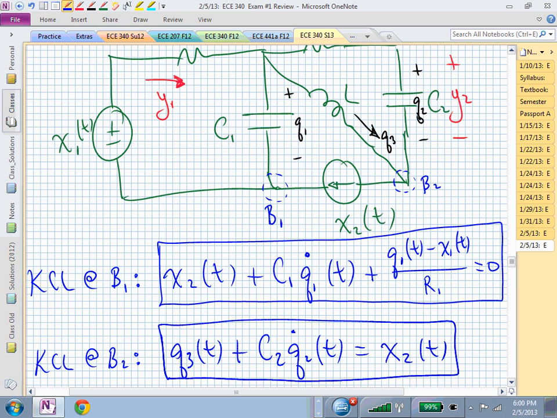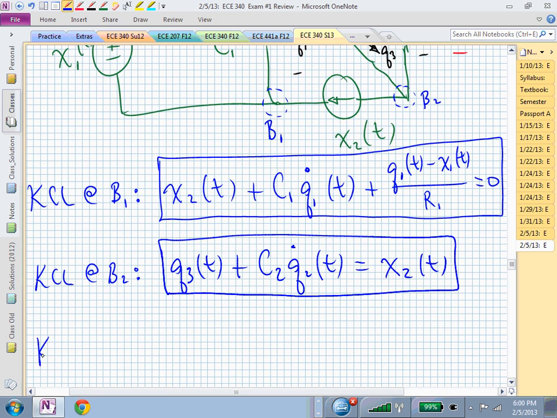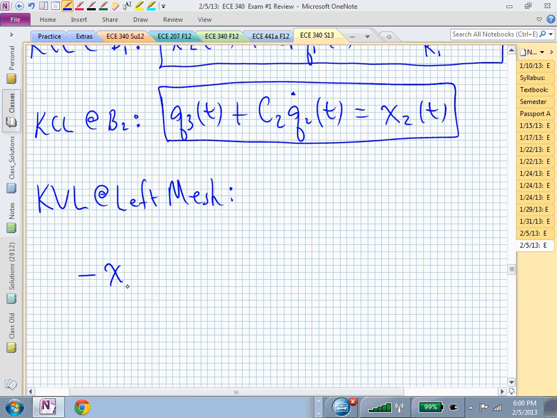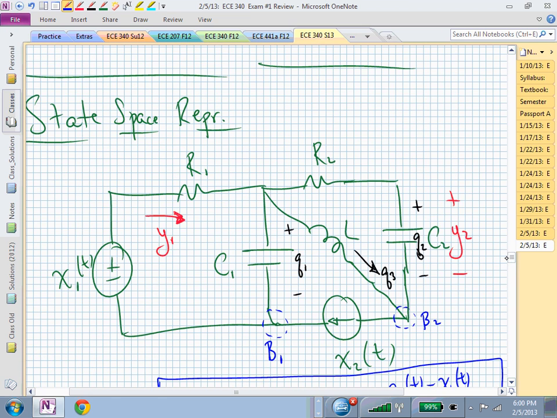And the last one we could now write from the KVL around that left mesh. If we start in the lower left-hand corner, we have minus x1 of t plus, okay, we may not be able to because we can't really establish a reference node very easily.